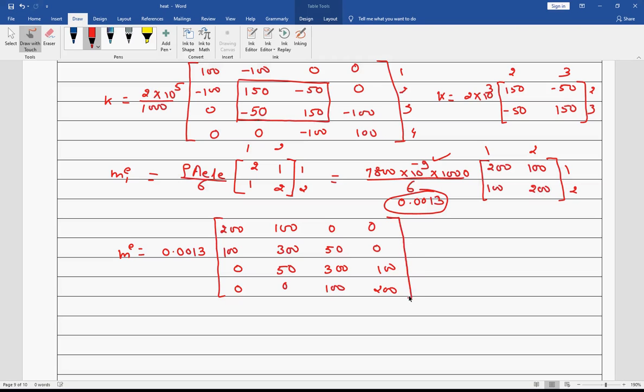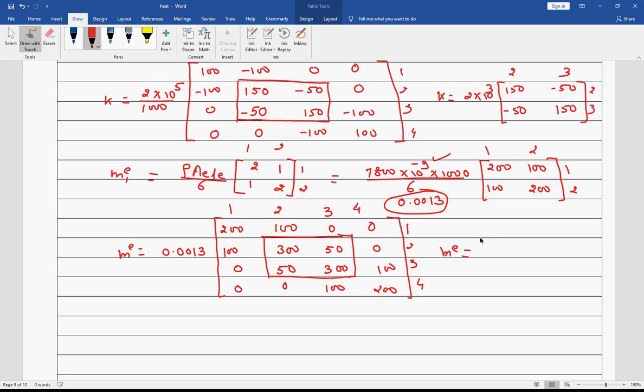Okay, this is 1, 2, 3, 4, and 1, 2, 3, 4. And by elimination, I could eliminate the first row, first column, and the fourth row, fourth column.